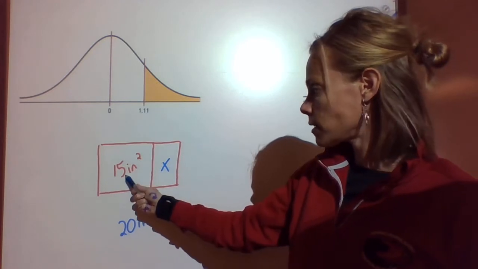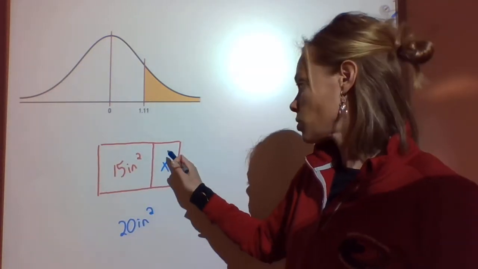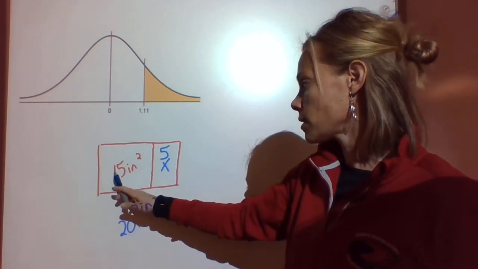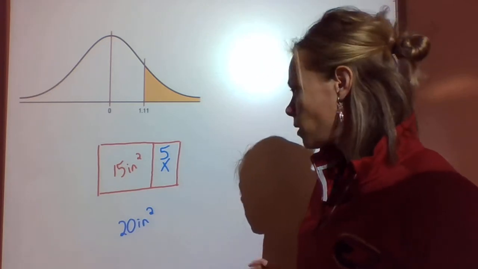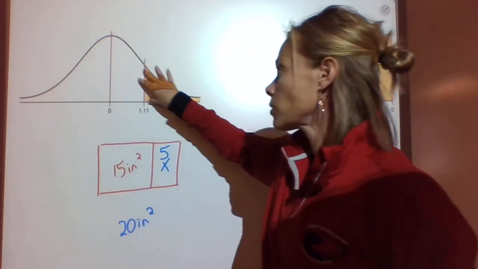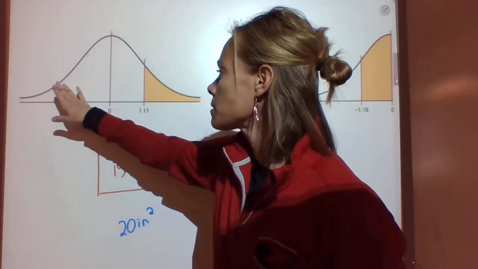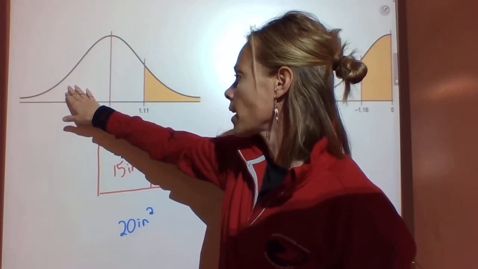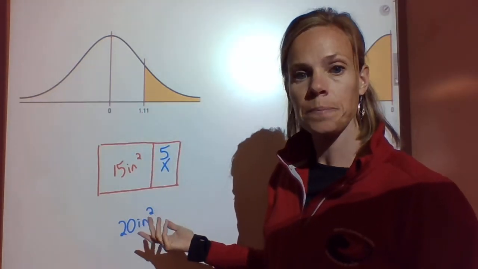If I know this is 15 and this whole area is 20, what's x? We should know that it's 5 inches, right? Because then 15 plus 5 equals the total area 20. Okay, what am I getting at here? I'm getting at this whole normal curve is 100%. So if I know this percent, then I find this percent, just like I did here.